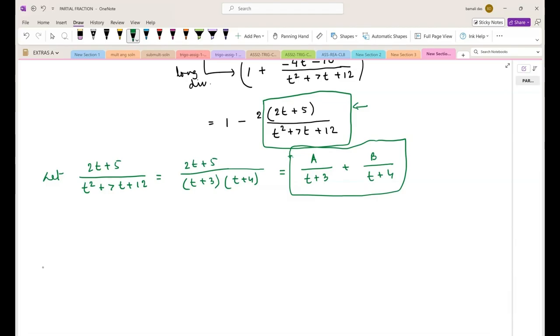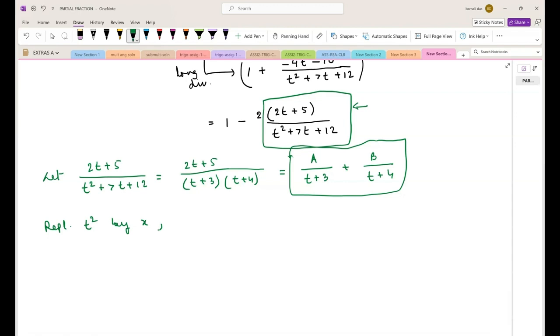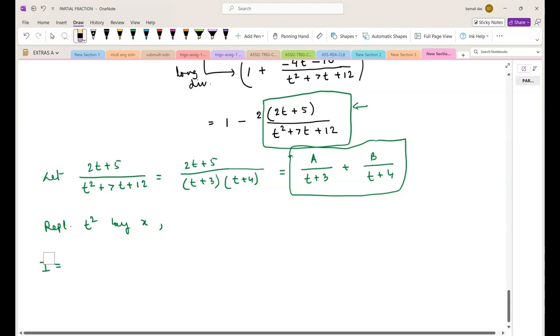Then replace t square by x. Initially it was x, and you substituted x by t square. So replace it back, and then your I becomes... Let me do it this way.